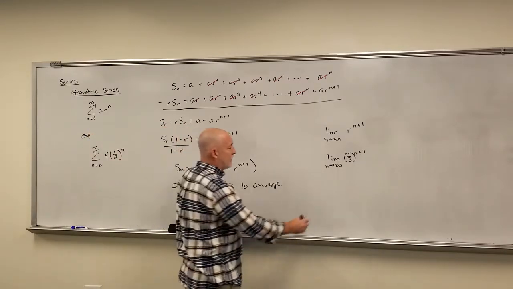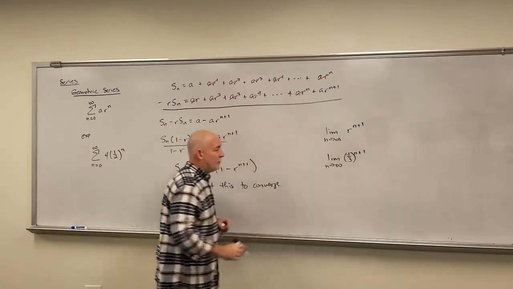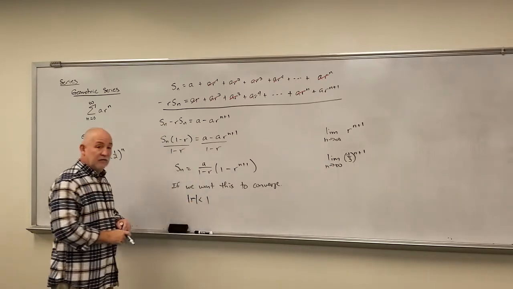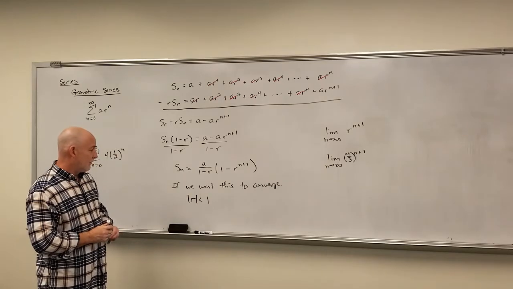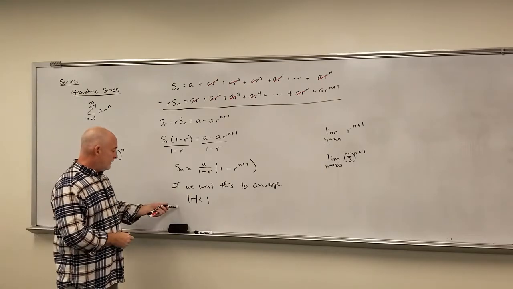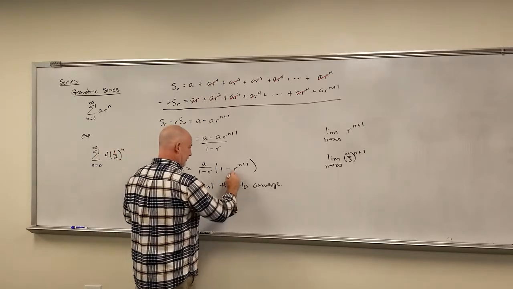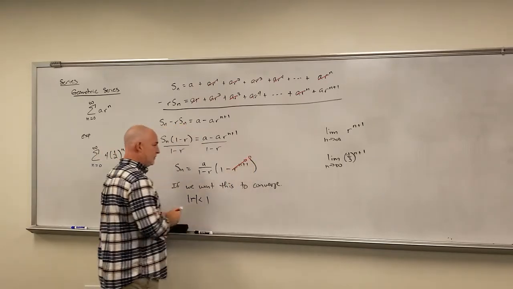Well, notice it wouldn't matter if it was positive or negative. So to make sure we don't care if it's positive or negative, we're just going to say the absolute value of r is less than 1. So if this is true, if the absolute value of r is less than 1, that means that is 0.